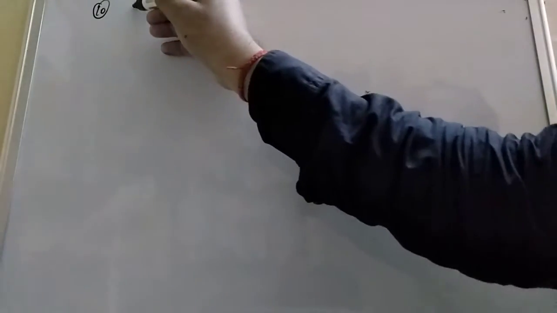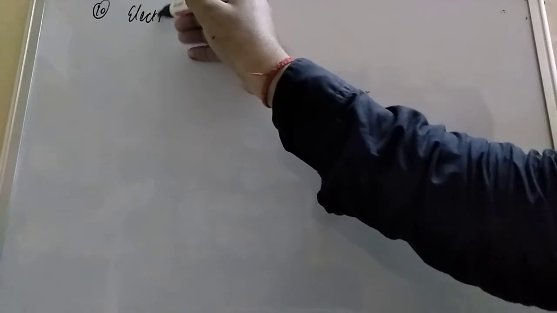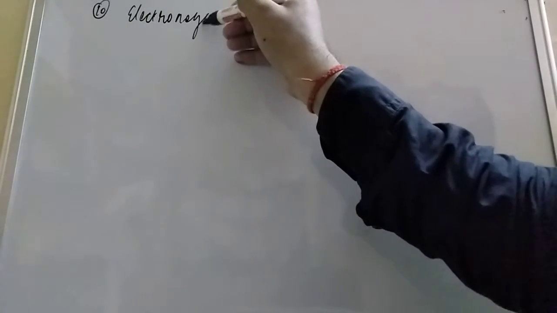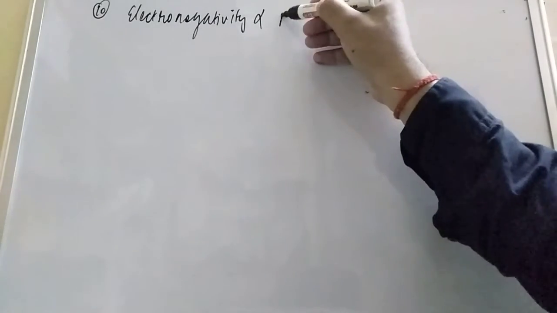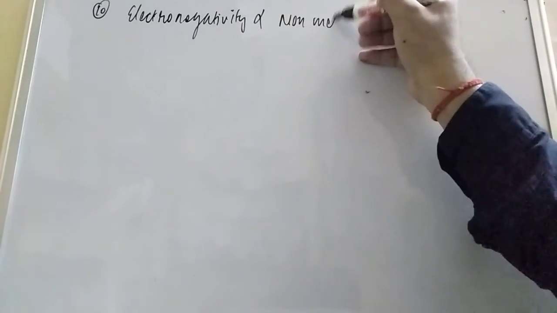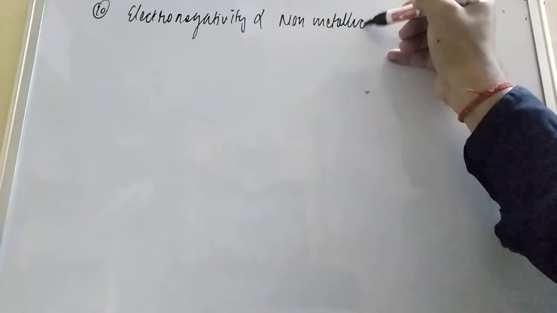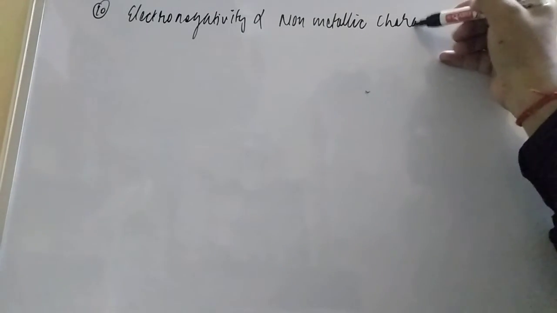Now let us read the facts for point number 10. Electronegativity is proportional to non-metallic character. What is the meaning of this?